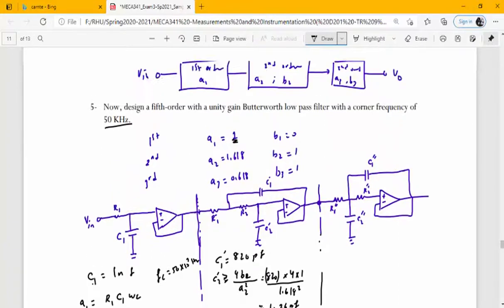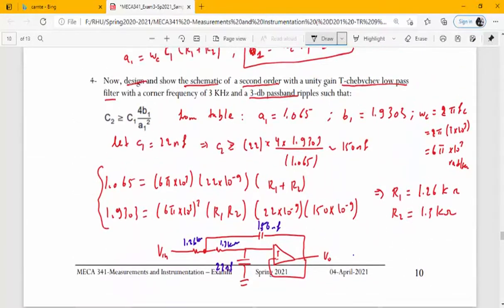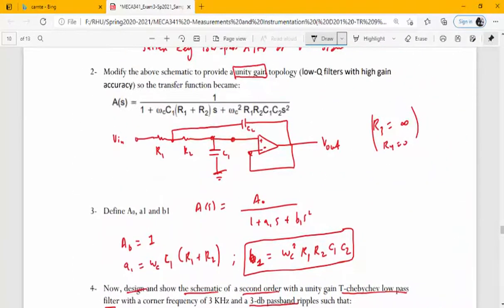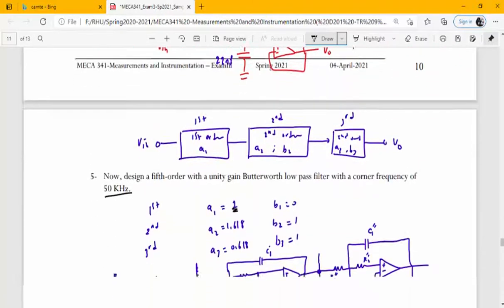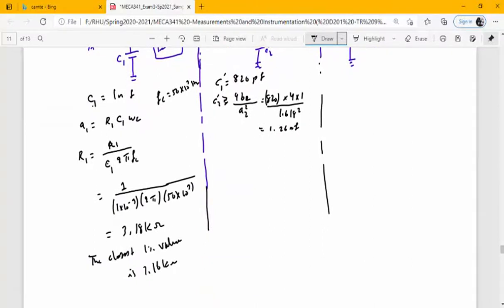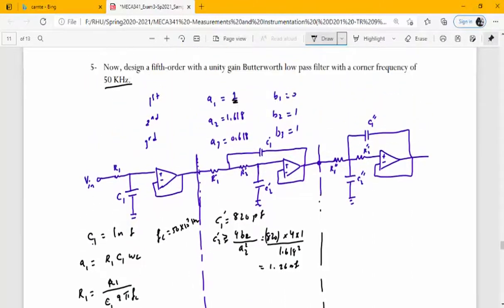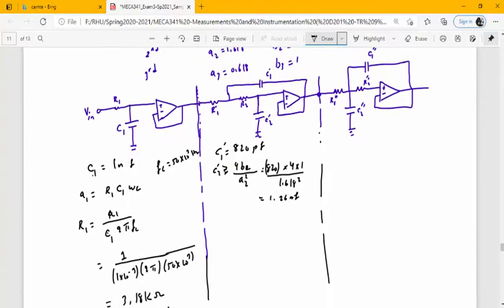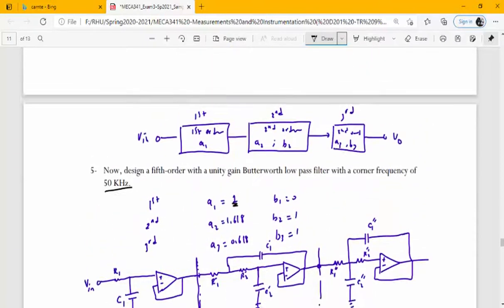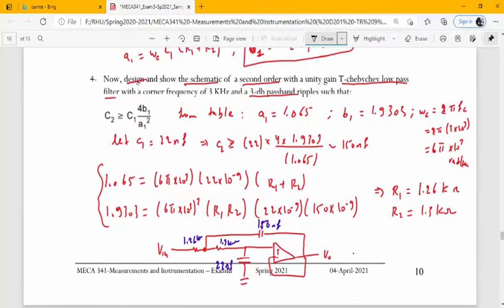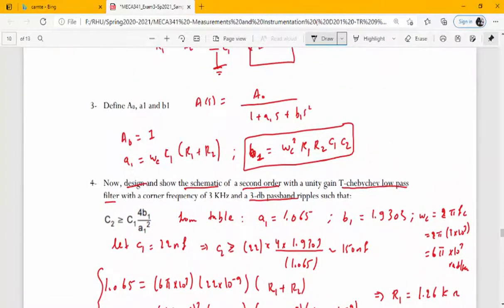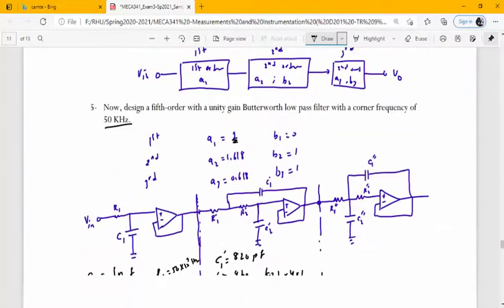So now we determined C1 and C2, we assumed, and now we need to solve for R1 and R2 based on the transfer function, on the characteristic equation of this filter. We have this equation and we have this equation. A1 is equal to 0.618, equal to omega c C1 times R1 plus R2.